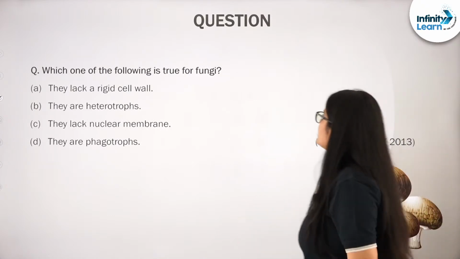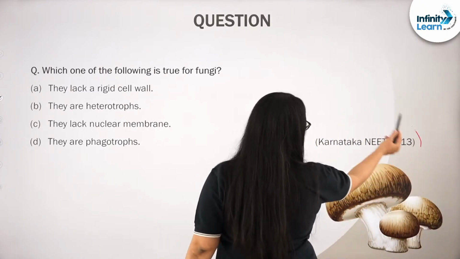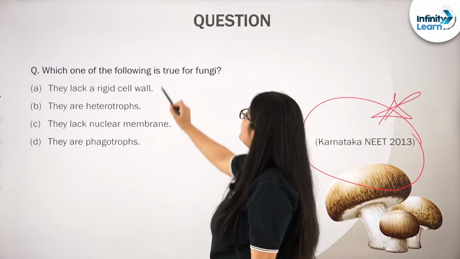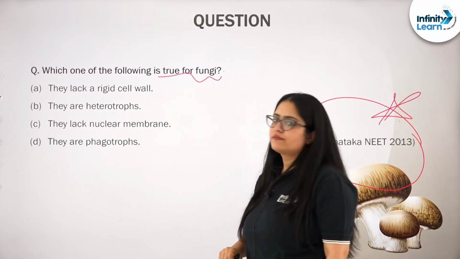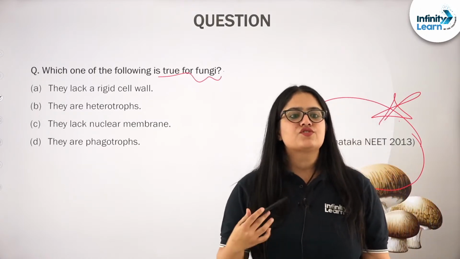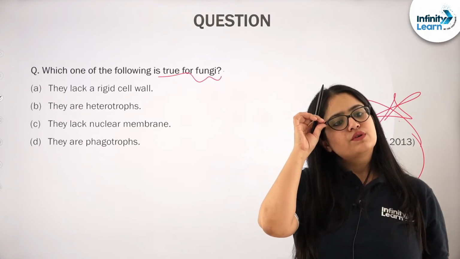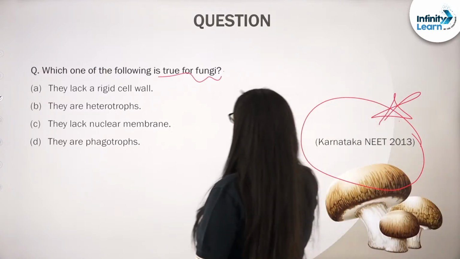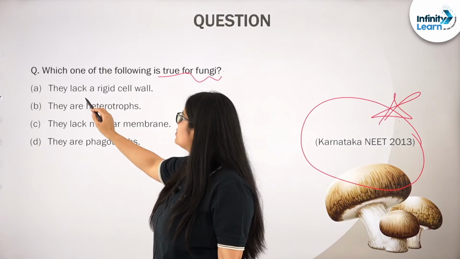Next. Which of the following is true for fungi? This question was asked in NEET 2013 Karnataka state, right? Very simple question. Give it a try at least. Do they lack a rigid cell wall?